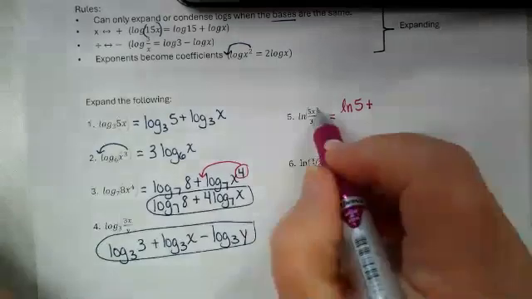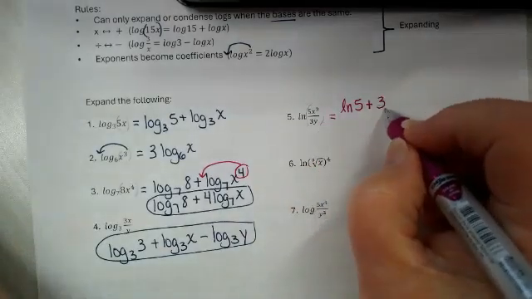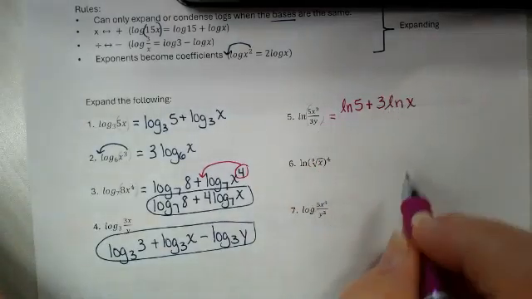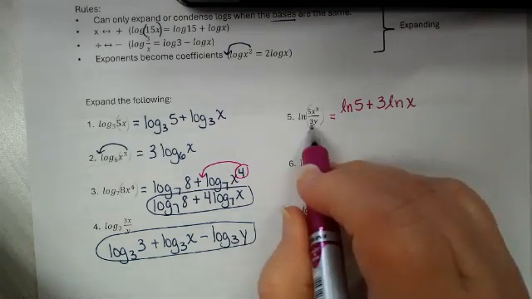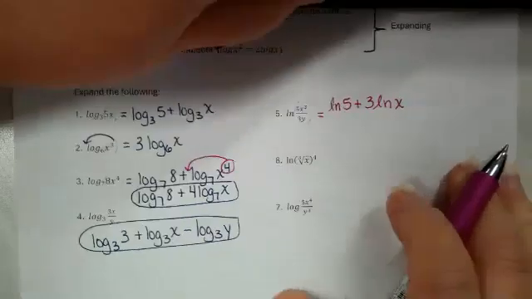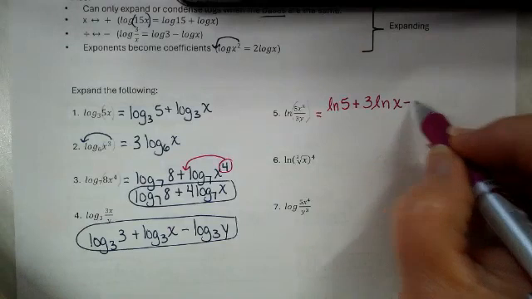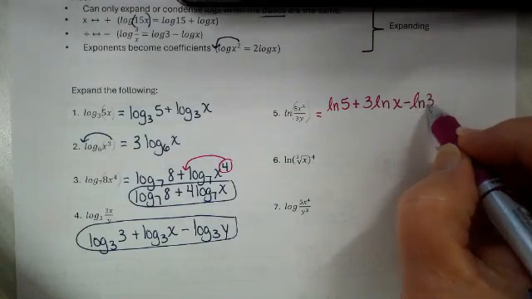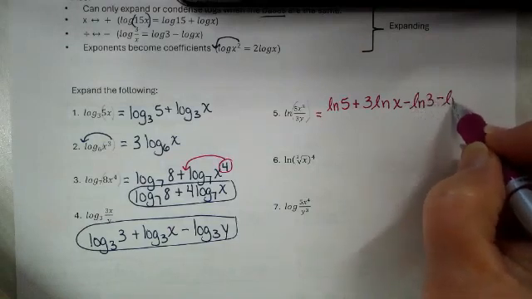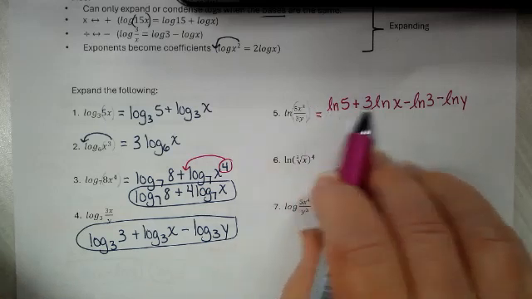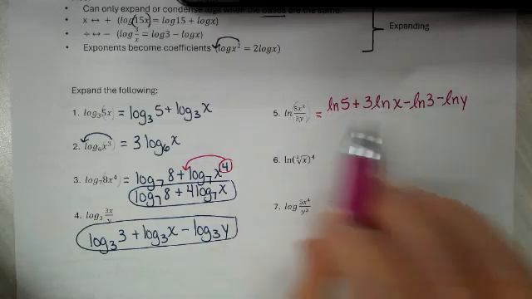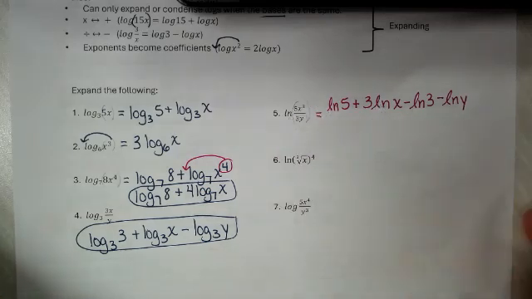So I'm going to go ahead and move my exponent to be 3 natural log x. Now, these are both on the denominator, so we're going to subtract each of them. Minus natural log of 3 minus natural log of y. So on the numerator, they're multiplying, they get added. On the denominator, we're subtracting.